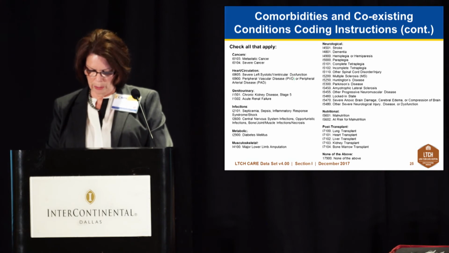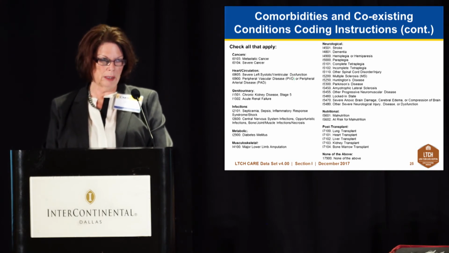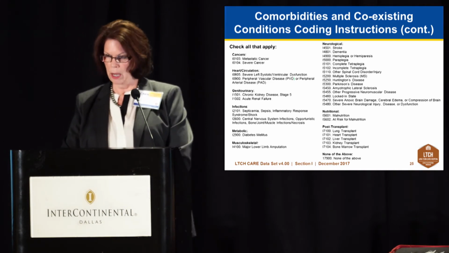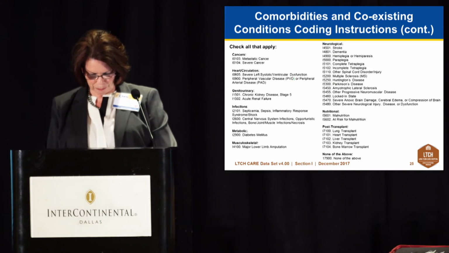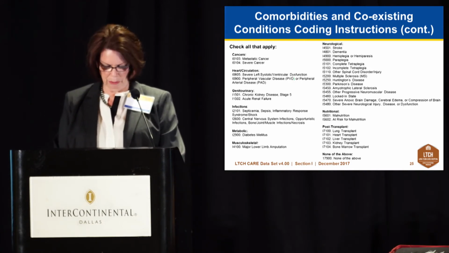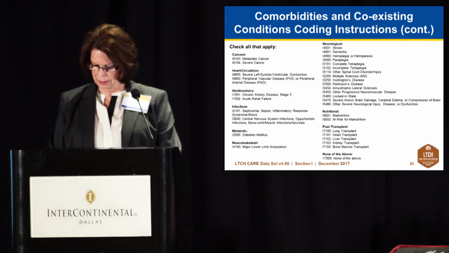So you're going to code this item if the patient's ejection fraction is less than or equal to 30%. So I just want to make that point clear. For the sake of time, I'm going to move on to more practice scenarios.